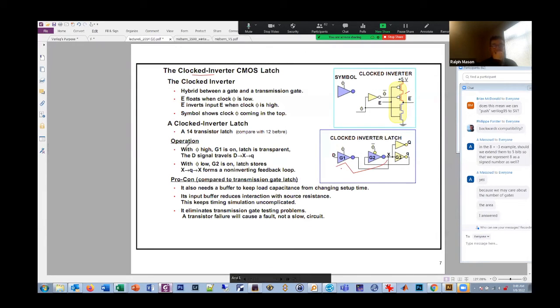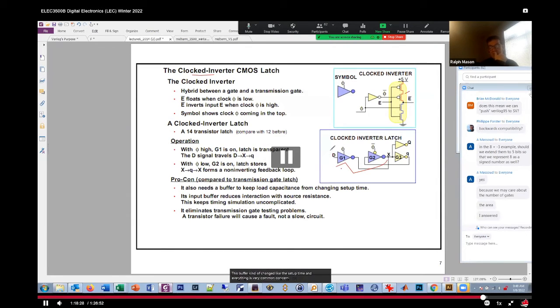And I kind of explained the operation. Pros: it needs a buffer to keep the load capacitor from changing setup time. Compared to a transmission gate, the setup time and everything is very consistent because you're always going into this high impedance capacitance.